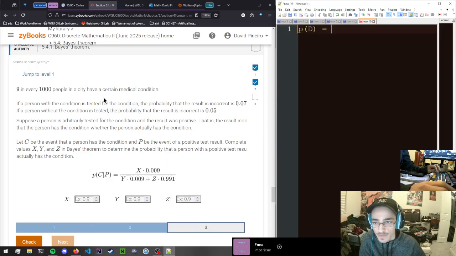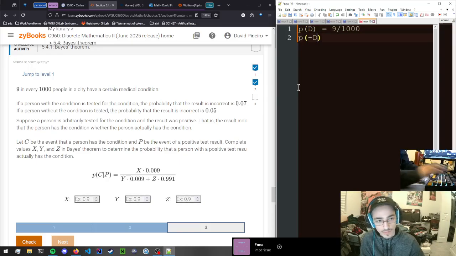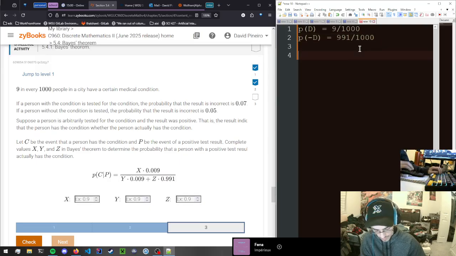So the probability of having a disease is 9 in 1,000. Probability of not having it is 999 in 1,000. Oh, these have to be digits. Okay, so 0.009.